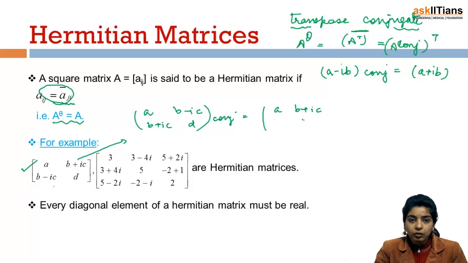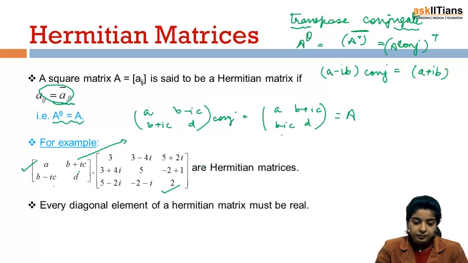Just change the sign of the imaginary part: b plus ic becomes b minus ic. Just see, this is the same as the matrix A. So this is an example of a Hermitian matrix. Similarly, in this example also, if you take the conjugate and then the transpose, you will get the resultant matrix to be the same as the matrix A.